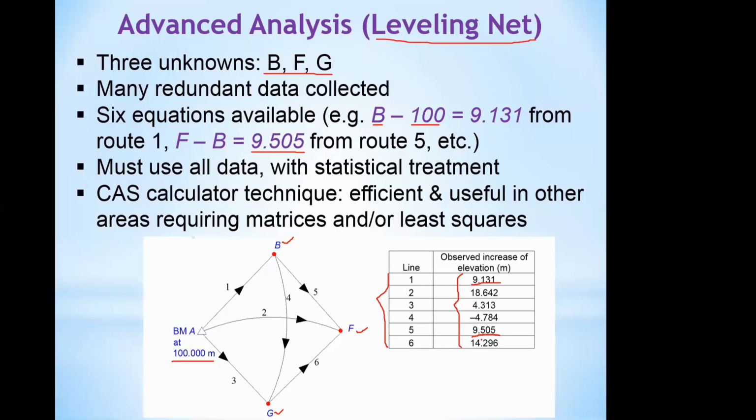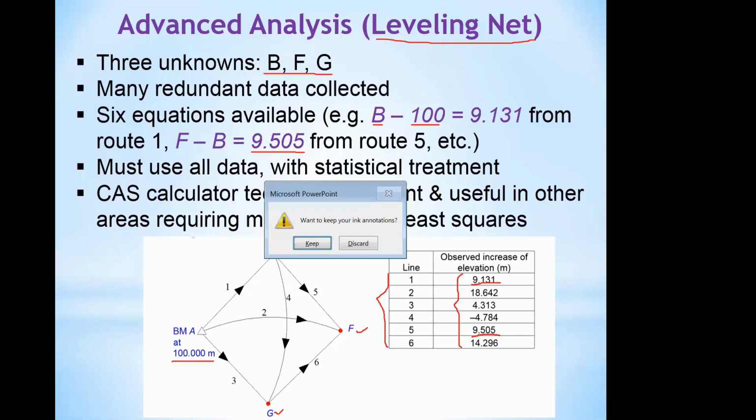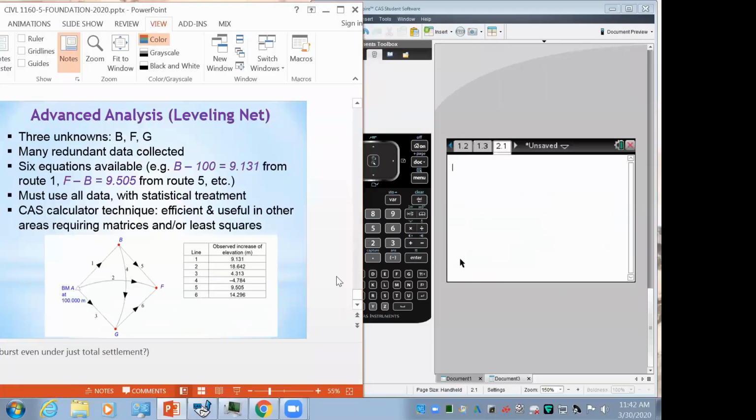So how can we use all of this data to figure out the best possible value I can get for B, F, and G? So let's think about how we can formulate this in terms of an A matrix times U unknown type of problem. Okay, so what is your A matrix here?